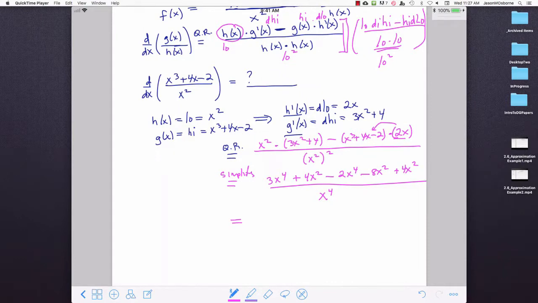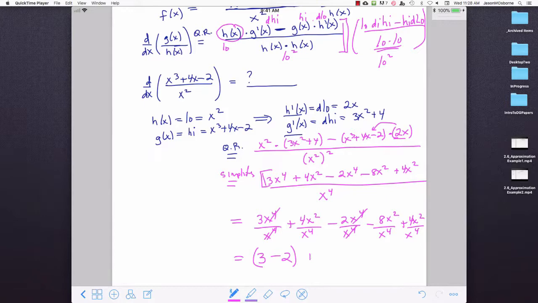So this division, the numerator divided by x to the fourth, means that every term gets divided by x to the fourth. Go ahead and work this one out. The reason I'm simplifying here is just to show how all these methods come together to give the same answer. The x to the fourth cancel, x to the fourth cancel, x to the fourth cancel, and you're left with 4 over x squared. X squareds cancel, and you're left with minus 8 over x squared.